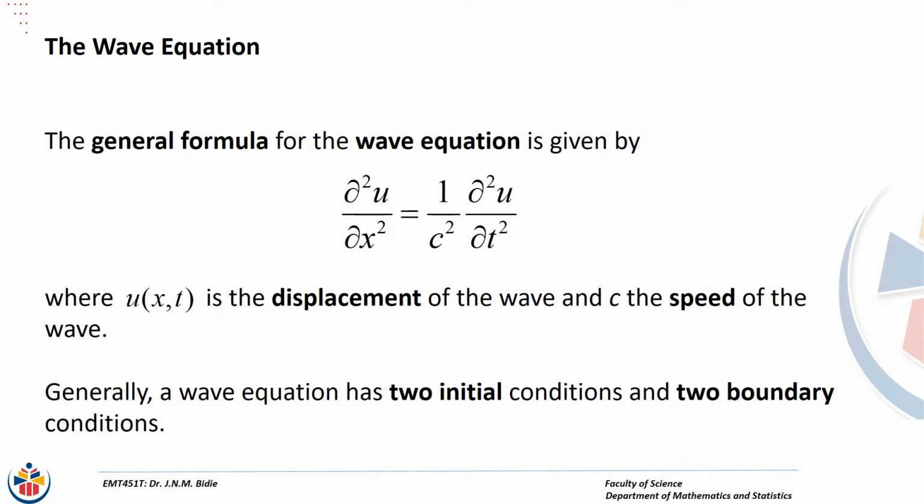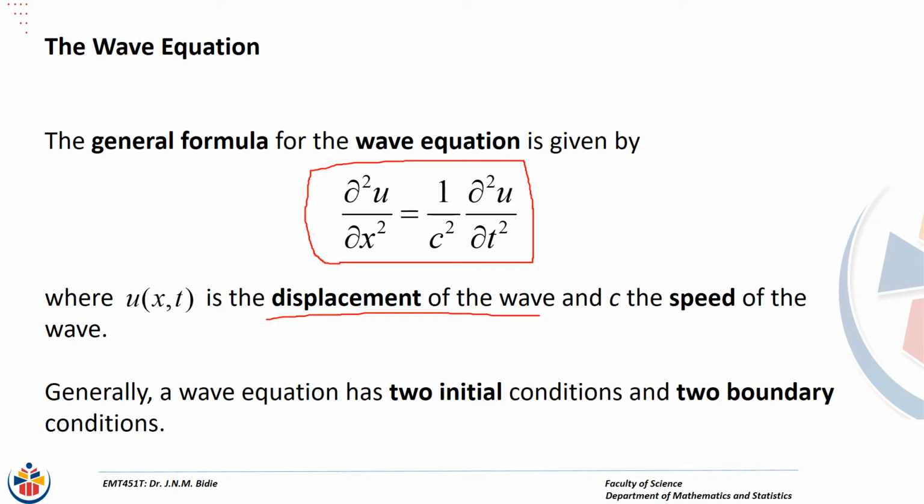Before we go into all of that, firstly, let's introduce the general formula for a wave equation. It's given as the second derivative of u with respect to x equal to 1 over c squared multiplied by the second derivative of u with respect to time, where u represents the displacement of the wave.